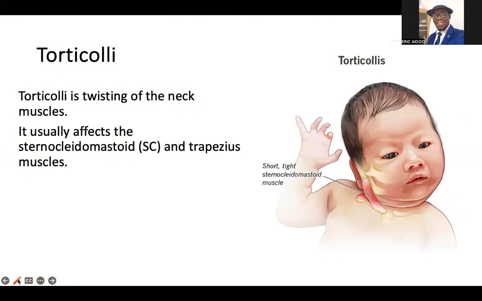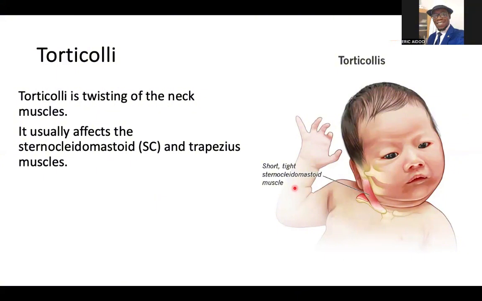So in this diagram, you can see that the trapezius muscle is affected, and so the head is tilted. All right. So a short, tight sternocleidomastoid is actually what is resulting in this kind of congenital anomaly.